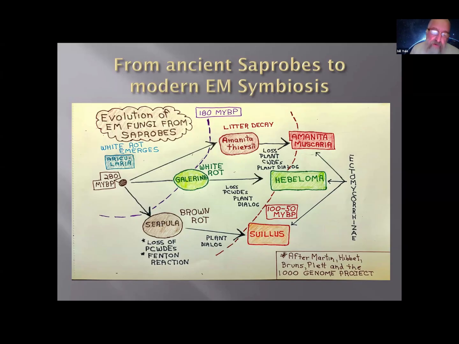And then the brown rot lineages, and those are things like Tapinella, Serpula, Coniophora, they evolved into modern boletes again by losing their plant decay enzymes and disabling the defense system of plants.